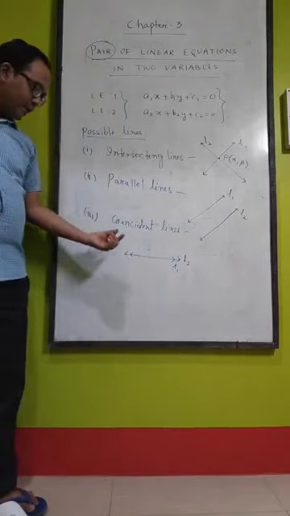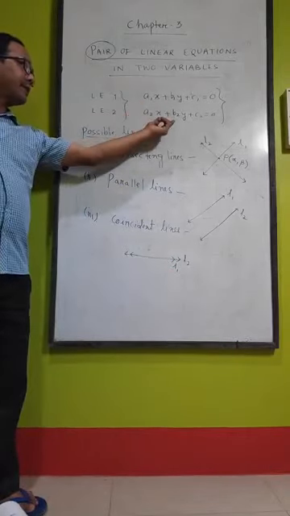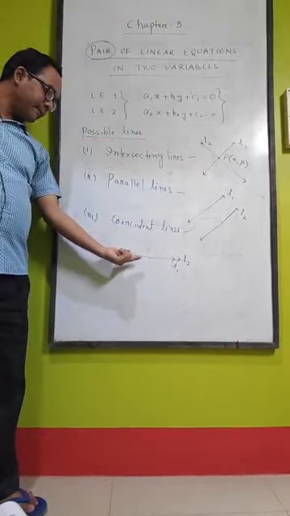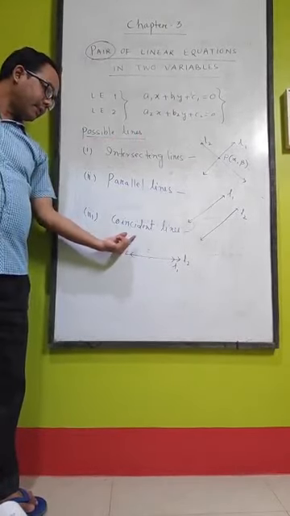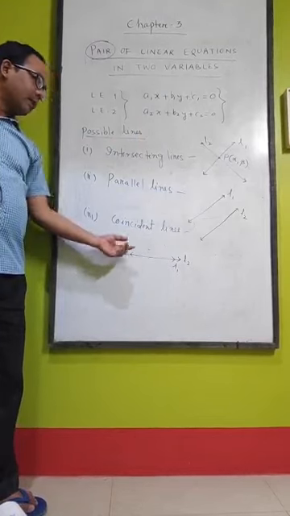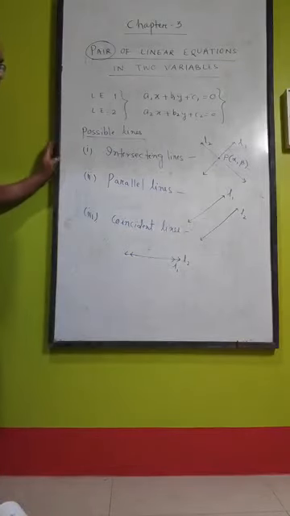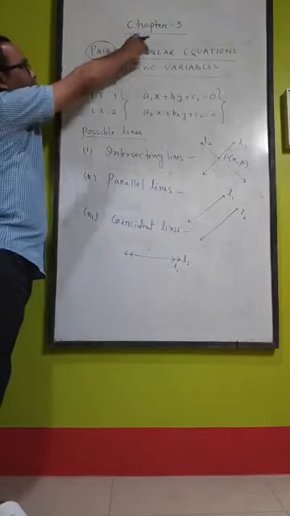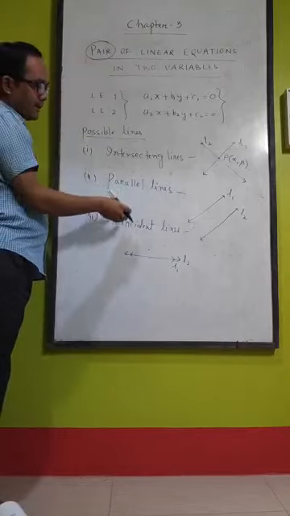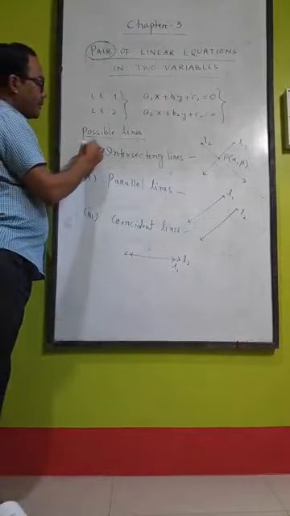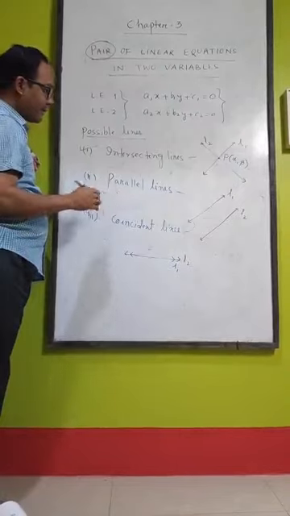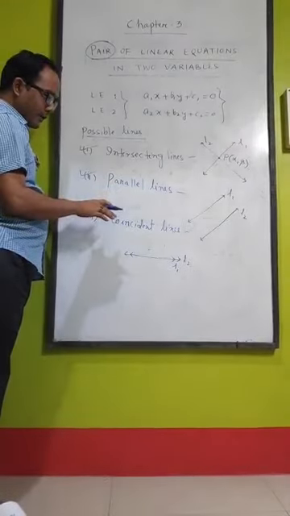The first one as well as the second one will represent the same straight line. So we call this coincident lines. So these are the three possible cases whenever a pair of linear equations in two variables is given. The first one, intersecting lines. Second one, parallel lines.